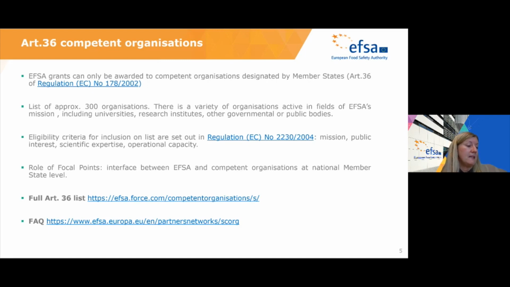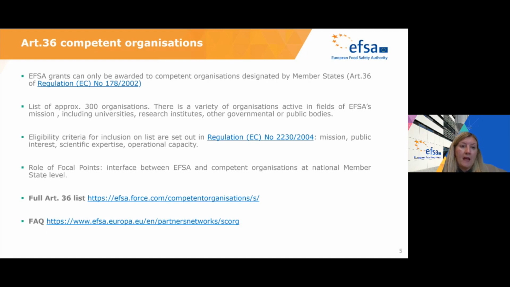But fundamentally, they should carry out scientific and technical support tasks in the field of EFSA's mission. They should pursue a public interest objective, and they should be organisations that have a high level of scientific expertise and technical expertise within EFSA's remit.